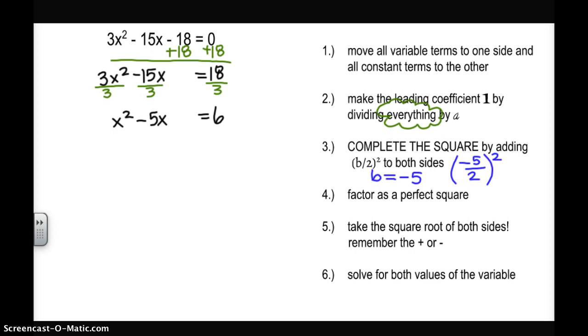Negative 5 over 2 is negative 2.5. And negative 2.5 squared is a little bit tougher to do in our heads. So if you need to, grab that calculator. Click away. 6.25, right?